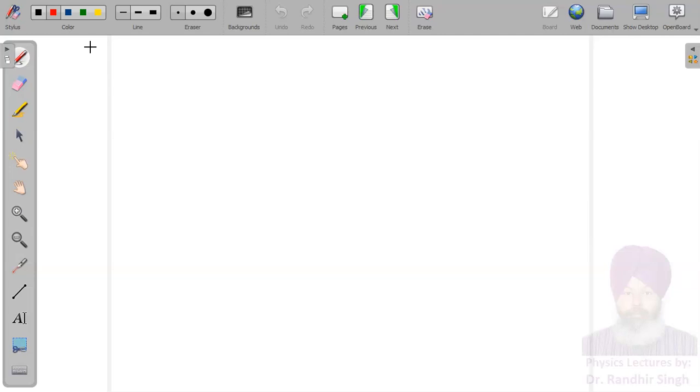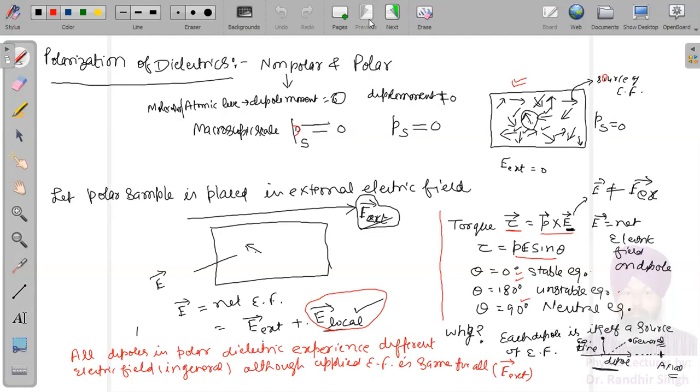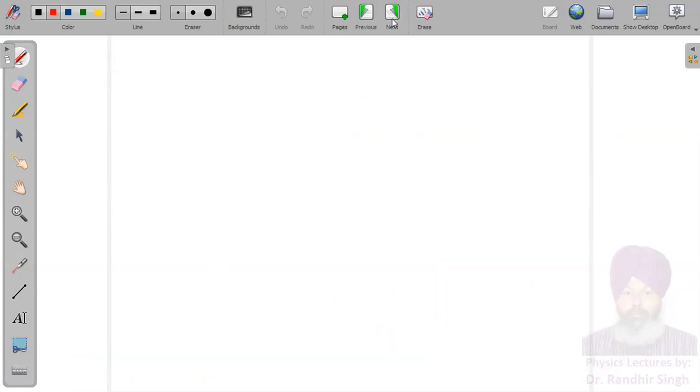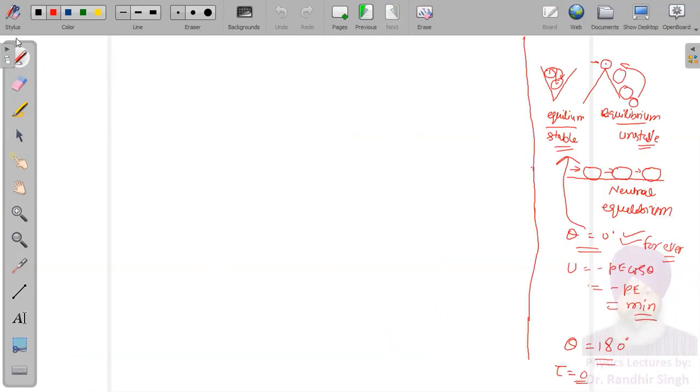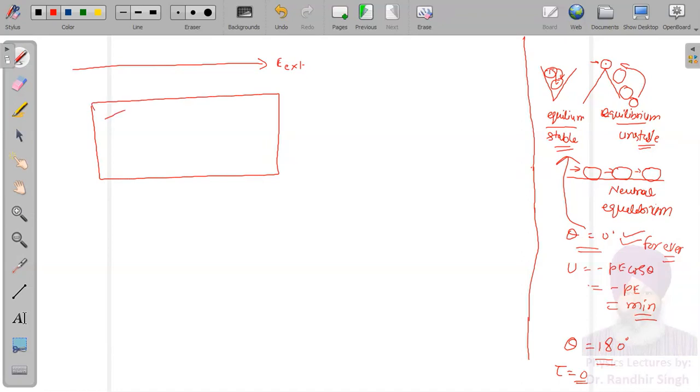Okay, let me now go to this page. Kindly remember, if I apply an external electric field E external, then in the sample most of the dipoles will be in the direction of the applied electric field, but not all.